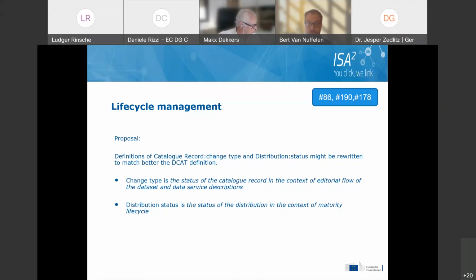So you know that this has to do with this editorial flow on changing the descriptions. Whereas for distribution status, it's more similar to what we already have, the status of the distribution in the context of the maturity lifecycle.